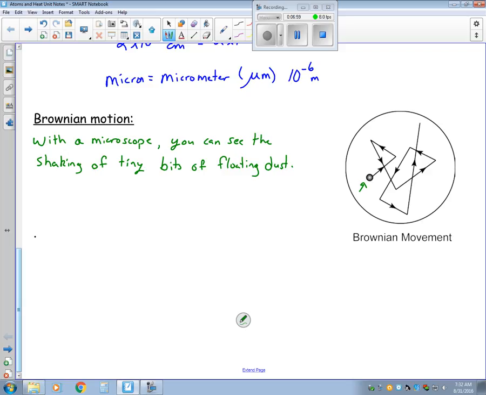So this Brownian motion, and this is what it's called, this Brownian motion proves the existence of molecules. Well, at the very least, it proves that molecules and atoms are in a constant state of motion.